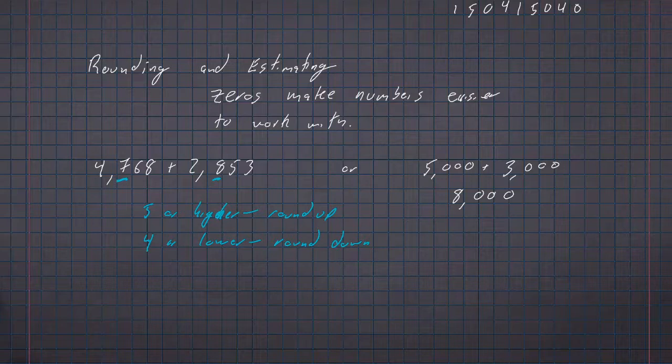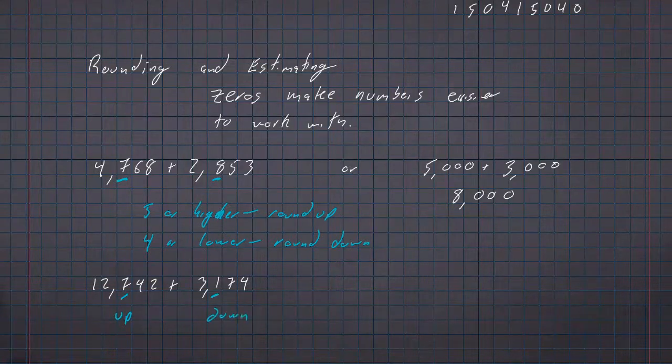So as another example, if I had 12,742, and I'm trying to add that to 3,174, rounding to the nearest thousand, I would take 12,000 and round it up because the next digit is a 7. I would take the 3,000 and change and round down because the next digit is a 1.